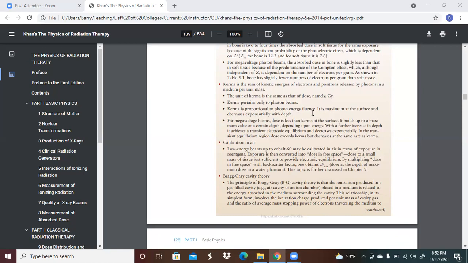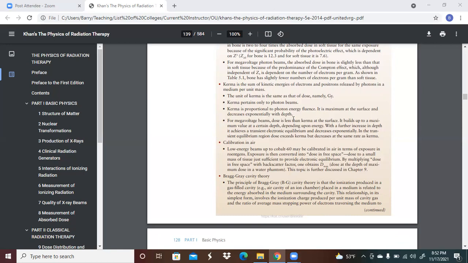As this thing makes its way through a patient or a phantom, those photons are going to be absorbed, scattered, what have you, and that's going to reduce the fluence. So if KERMA is proportional to the fluence, then that's where it's at its greatest.